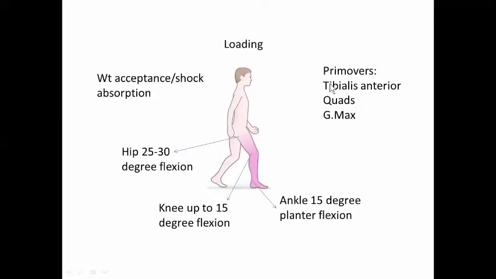The prime movers are tibialis anterior, quadriceps, and gluteus maximus. Tibialis anterior will maintain the range of motion at the ankle, the quadriceps will maintain range of motion at the knee, and gluteus maximus will be responsible for the management of hip range of motion.